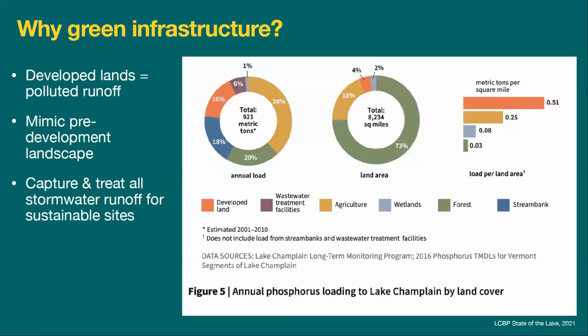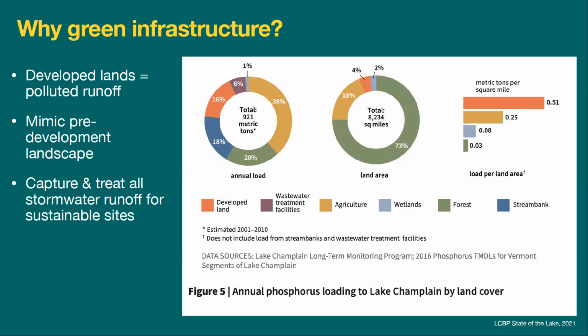And so it is interesting too to look at the impact that developed lands have. Developed lands being houses and roads and town centers and all suburban areas. You can see here, this is from the Lake Champlain Basin State of the Lake report. So developed lands in the orange here, and we have about 4% of the land area in the watershed of Lake Champlain, but contributes to 16% of the annual phosphorus load.